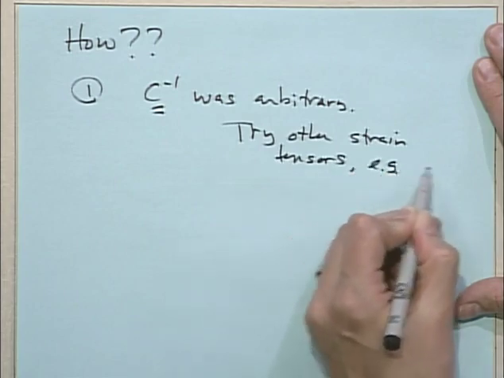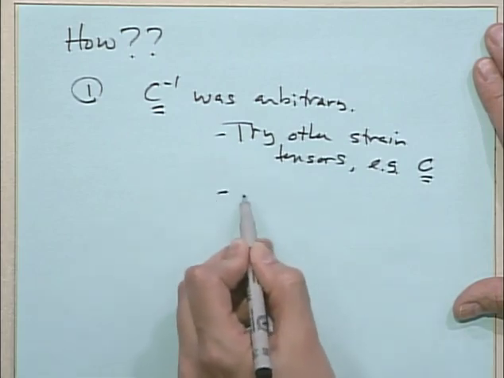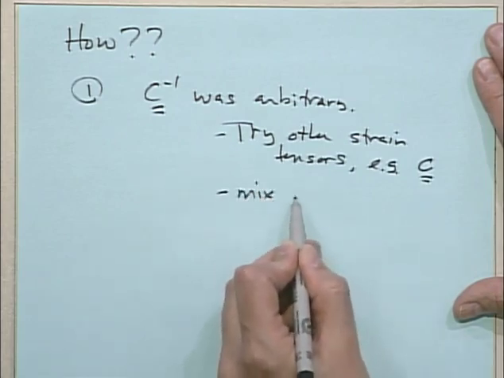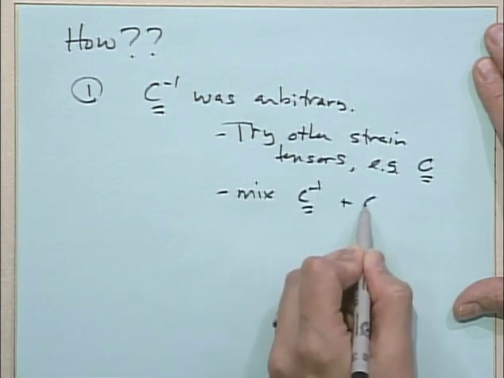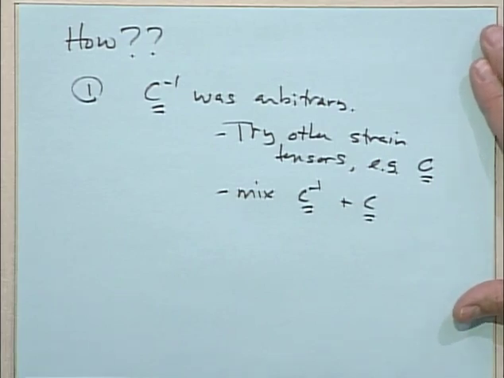And I already talked about that. The Cauchy tensor is 1. We can mix Cauchy and finger. That's just us trying another strain measure.